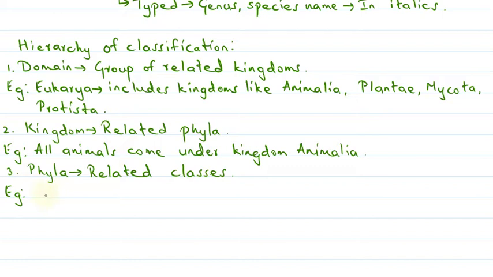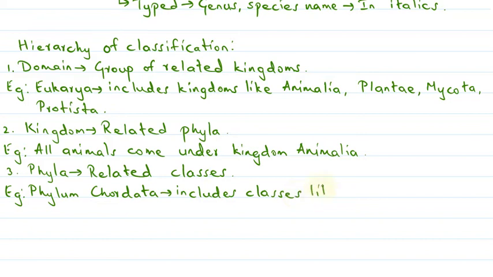The phylum Chordata includes classes like Mammalia, Aves, that is birds, then Reptilia, then Pisces.